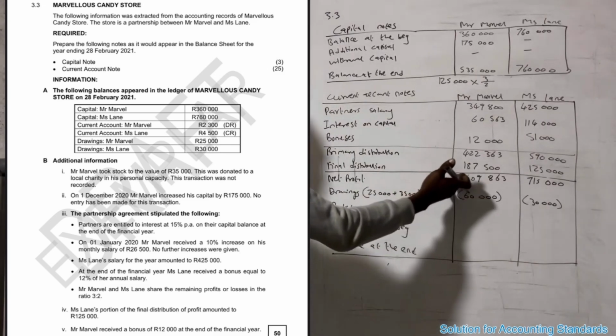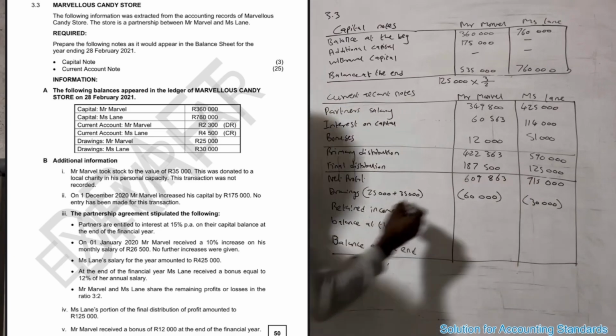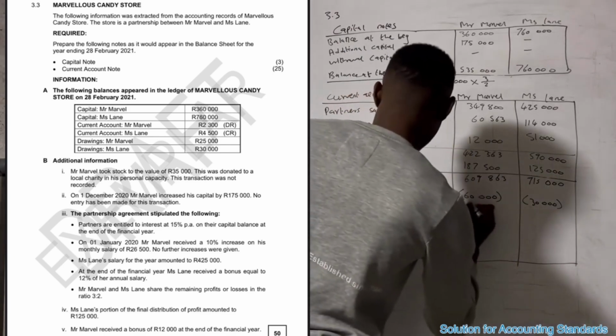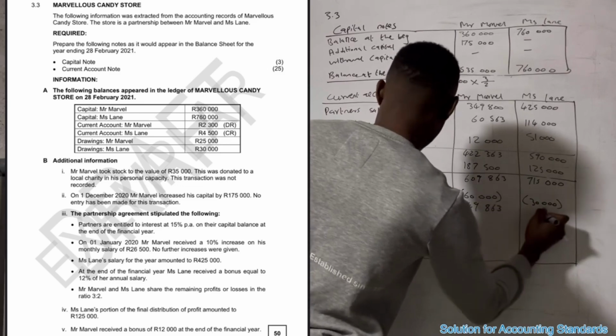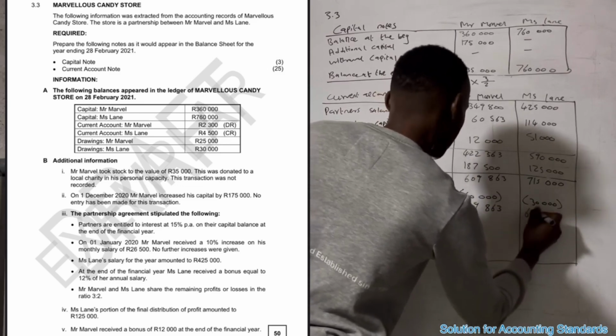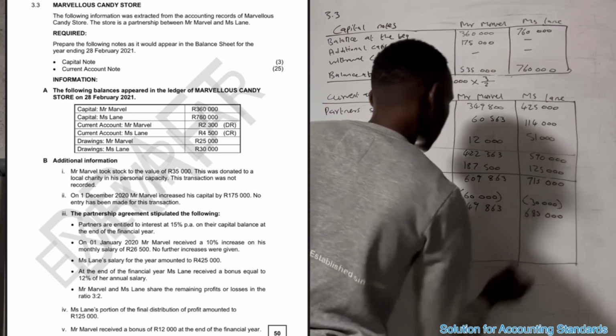You just take this minus this minus this, and you're going to get 549,863. 685,000.